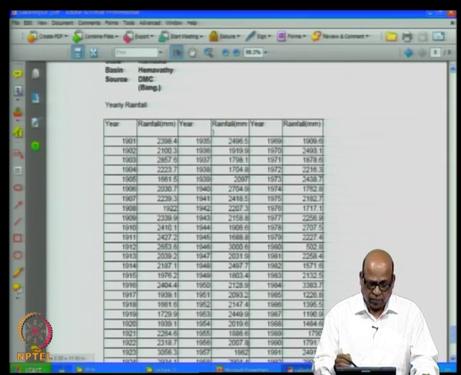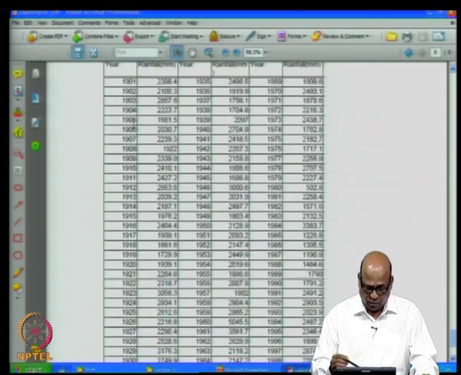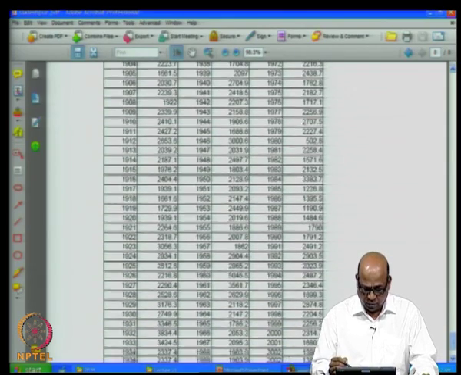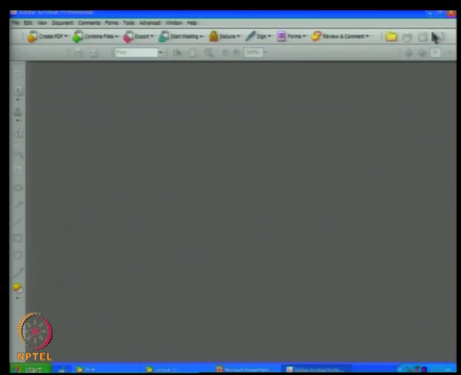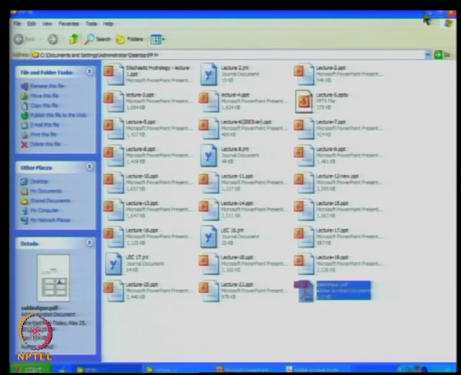Take this data, which is from 1901 to 2002, and do the complete time series analysis that I have discussed in this case study, and satisfy yourself that you get all of these values correctly.